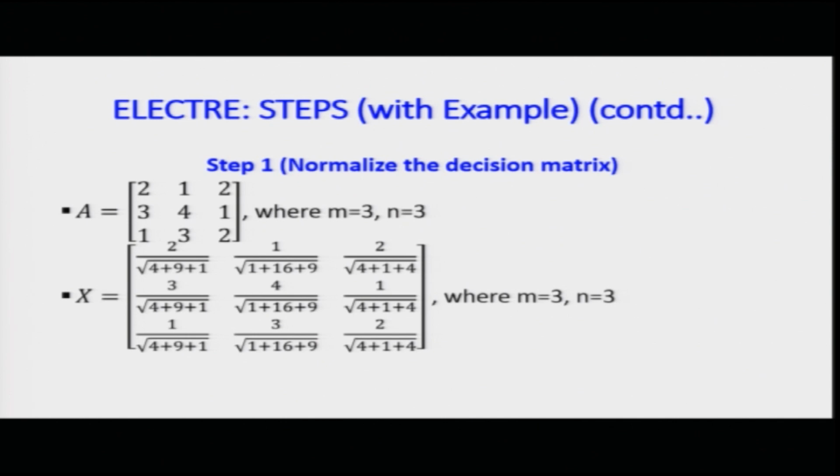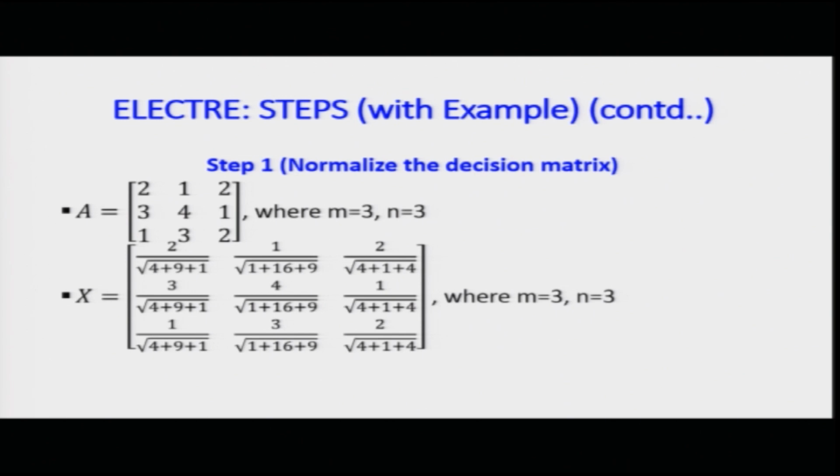So, consider this. I have the matrix A, the so-called non-normalized matrix, the points given without any units, with the values along the rows being 2 1 2, 3 4 1, 1 3 2. Here m is 3, n is 3; m and n can be different also, but I am taking a simplistic problem.